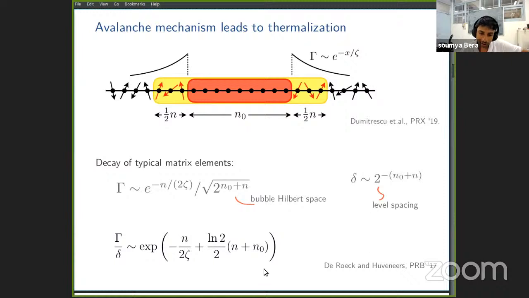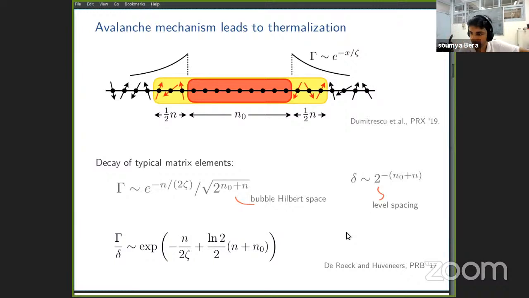That essentially defines one characteristic length scale, which is called zeta. The zeta is essentially the decay of this matrix element. There is a critical length scale, which is 1 over log 2, which comes from this log. If zeta exceeds that, you will always see delocalization or thermalization. And indeed, this is an idea that gives you a scenario from which a localization to delocalization transition can happen.